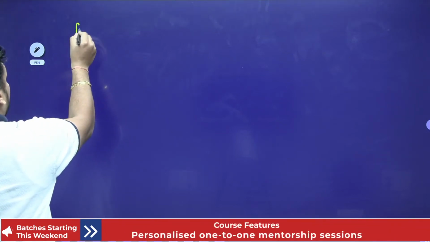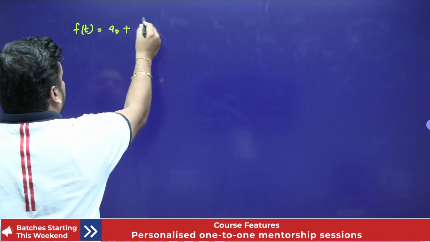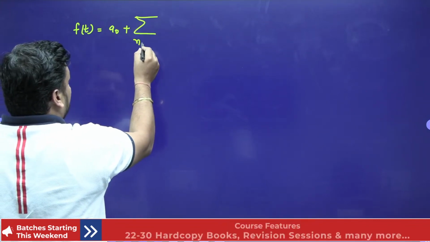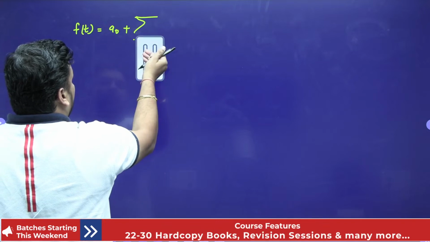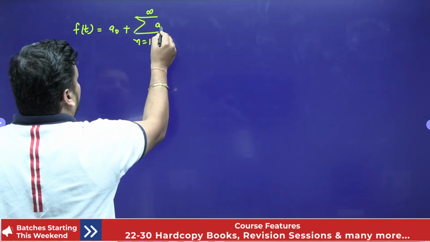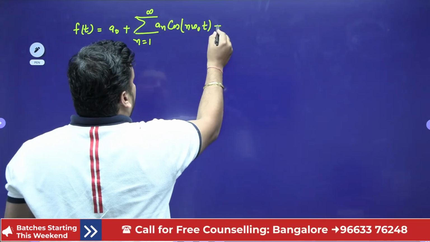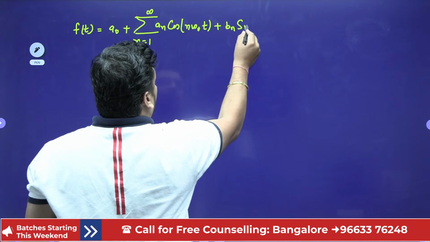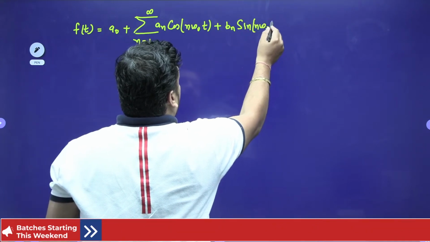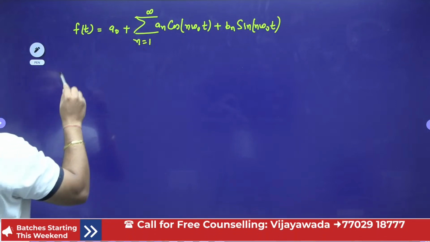The next expression is f(t) equal to A0 plus the sigma of n equal to 1 to infinity of an cos(n omega 0 t) plus bn sin(n omega 0 t). Now all of you tell me, guys, when you integrate both sides.